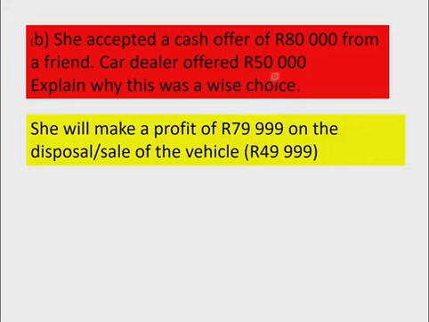If she had to take the offer from the car dealer, then she was only going to make a profit of 49,999. So obviously, she's making more profit. So therefore, it was a better decision to sell it for the 80,000 than giving it to the car dealer. Okay? And the 79,999 will be shown as an income in the statement of comprehensive income.